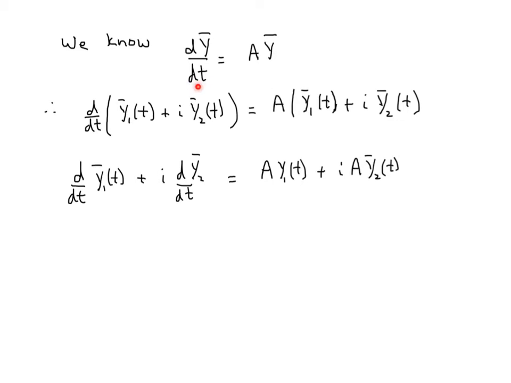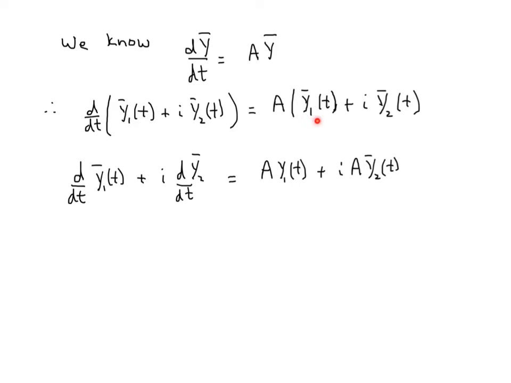The derivative of y is equal to A times y. But y is a complex valued function, so it is of the form some function y1 of t plus i times some y2 of t. It has to have a real part and an imaginary part if it's a complex valued function.